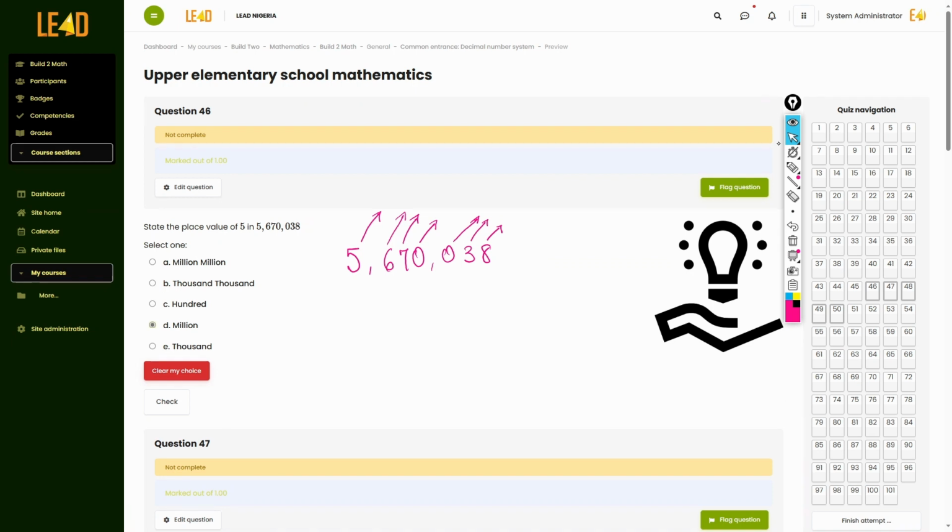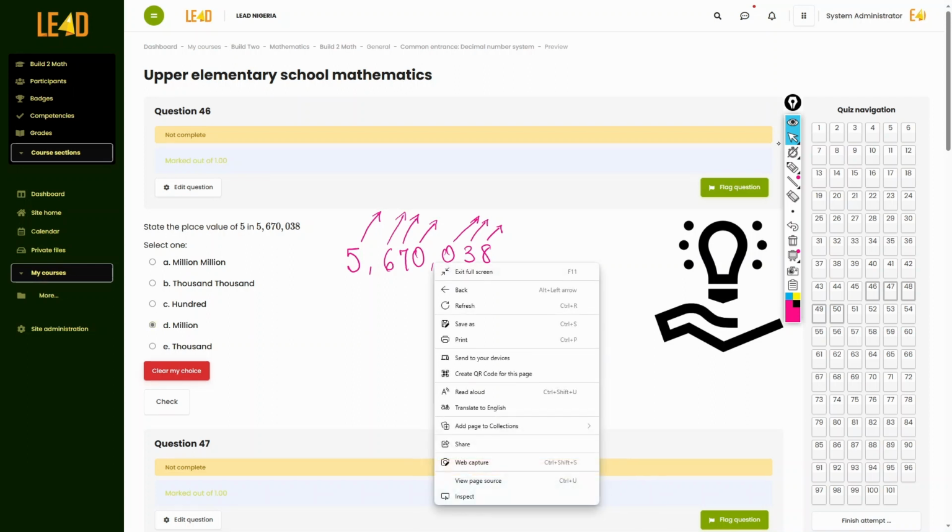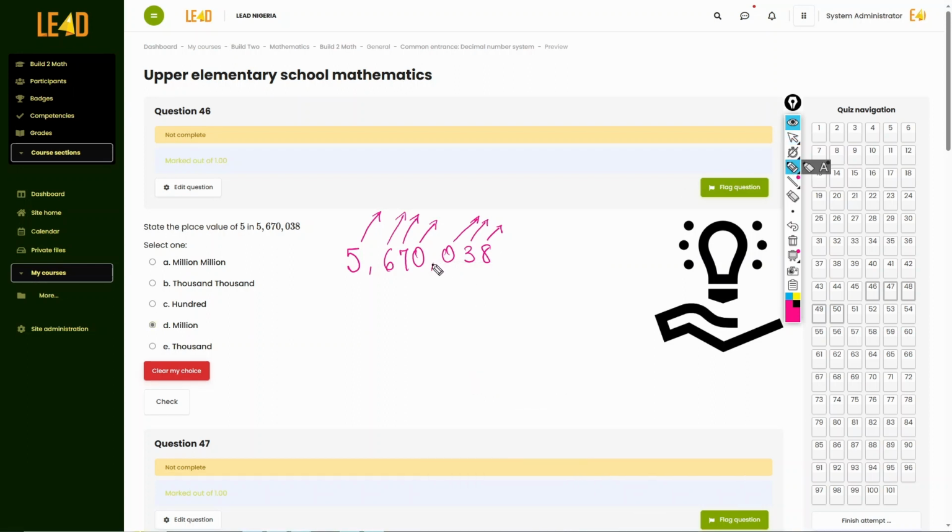If you're familiar with this enough, you probably would have noticed that once you count 3 digits, there's a pattern to it. Once you've counted the first 3 digits and get behind the first comma, you have thousands. Then you count the next 3 digits, you get behind the next comma, millions. And the next thing would be trillions.